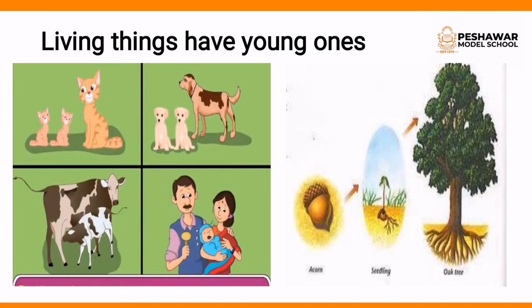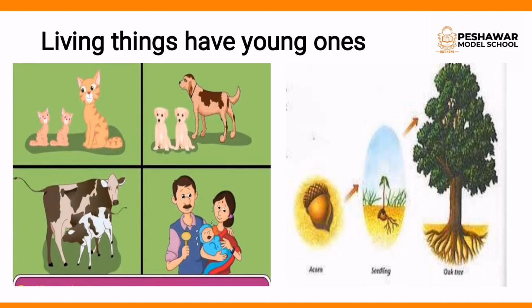Living things have young ones. The other quality of living things is that they have young ones, or they have babies. They can reproduce. It means they can give birth to babies. Animals have babies, human beings have babies, and a plant also has a baby plant.